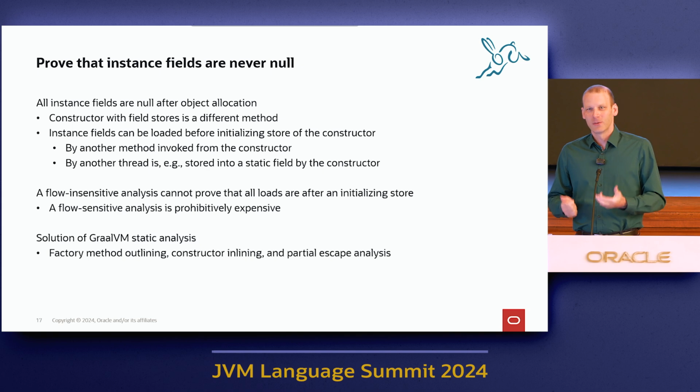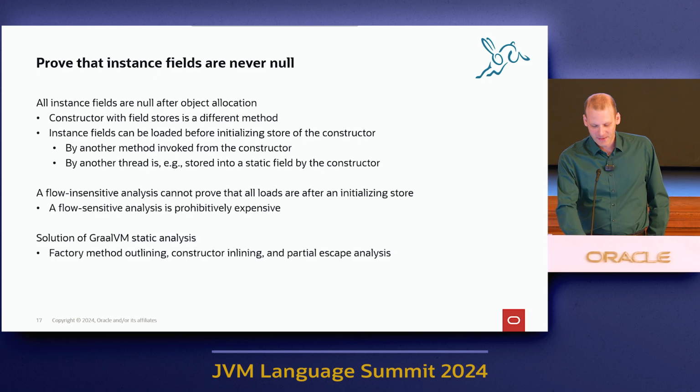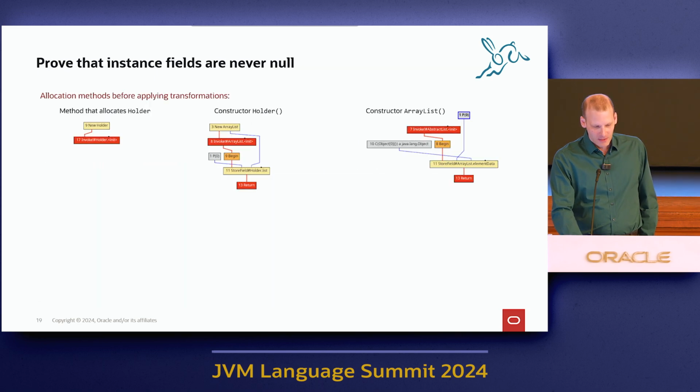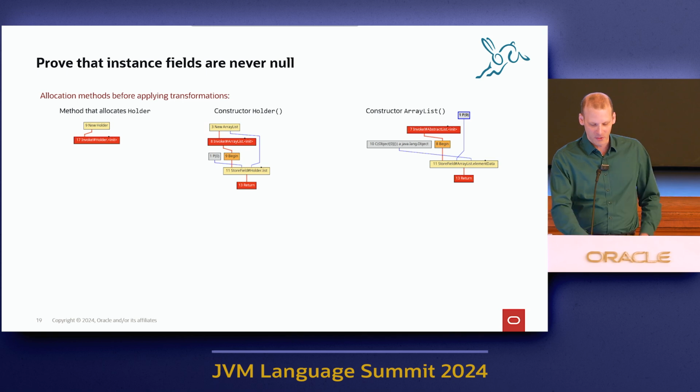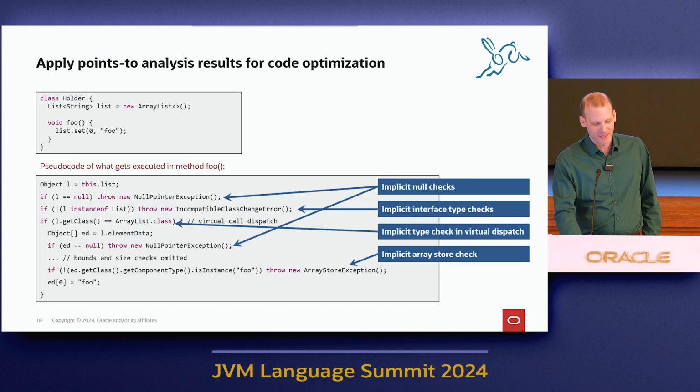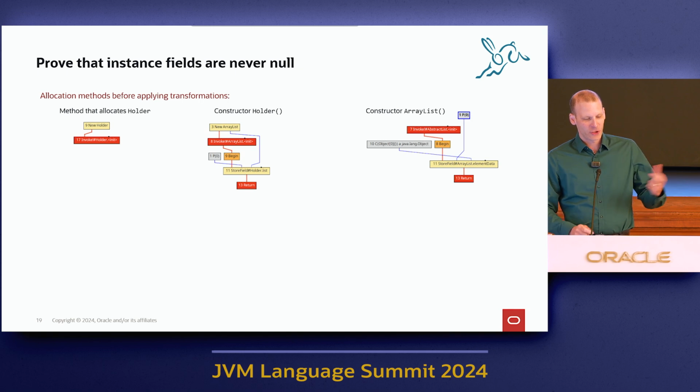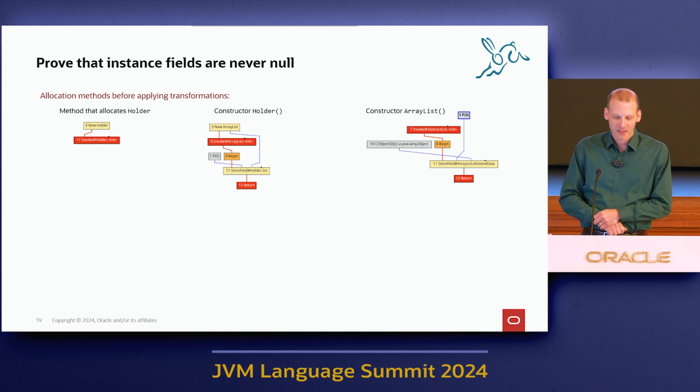But we can do a few simple transformations to the input of our static analysis to make its life easier. Because if we look at what's going on in the original bytecode, we have the allocation of our holder class. It's the same example that I had before. You have the allocation and the constructor invocation in my holder constructor again.